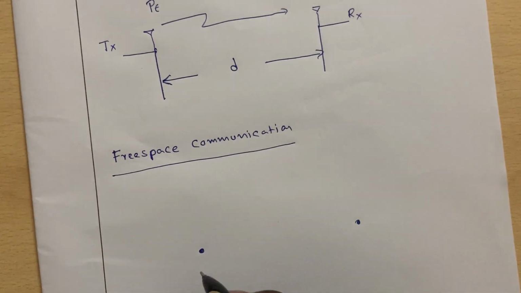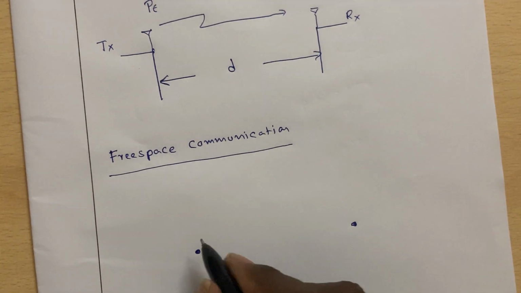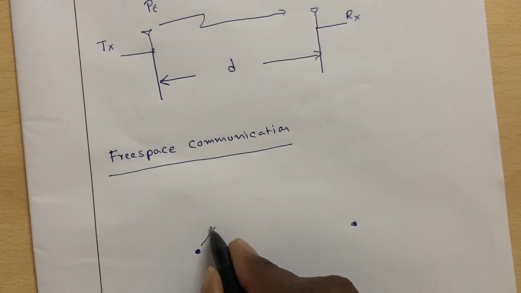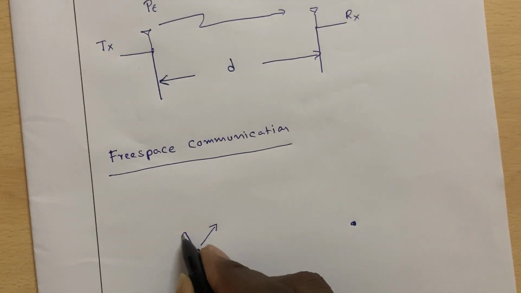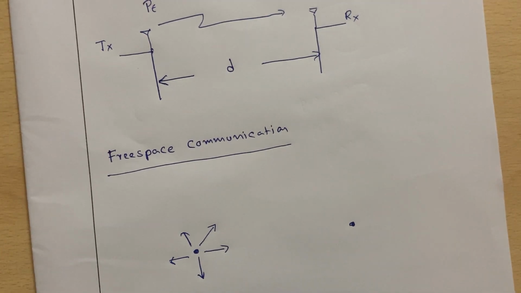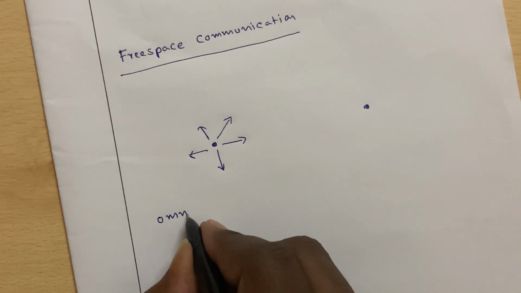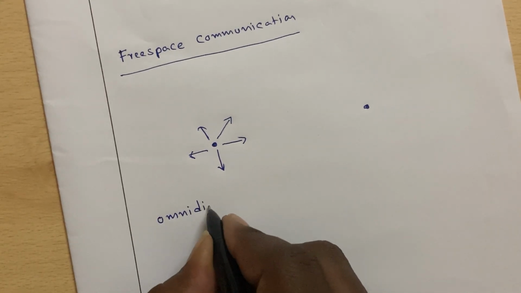We now talk about the antenna as a point source and a point sink. Say, for example, the antenna is omnidirectional, meaning it radiates the power equally in all directions. So we call that antenna omnidirectional.